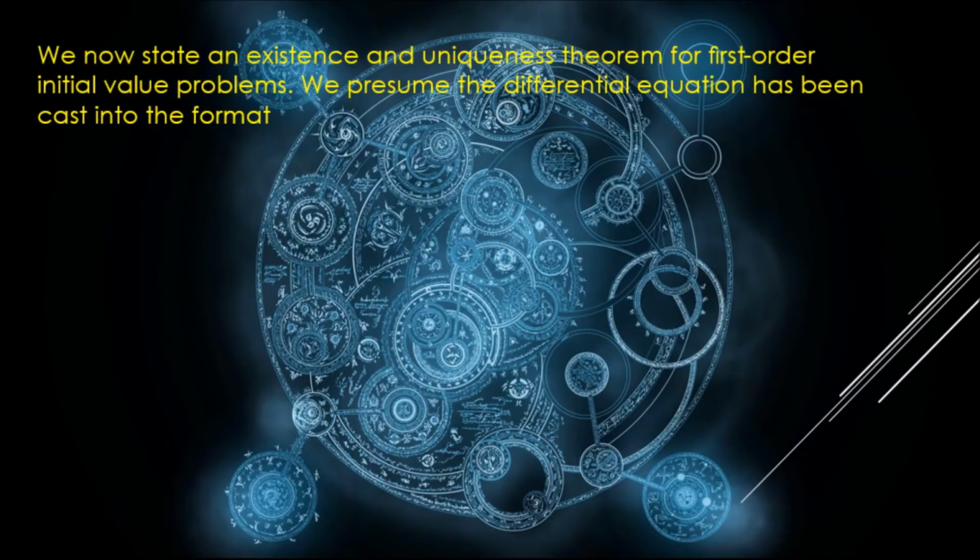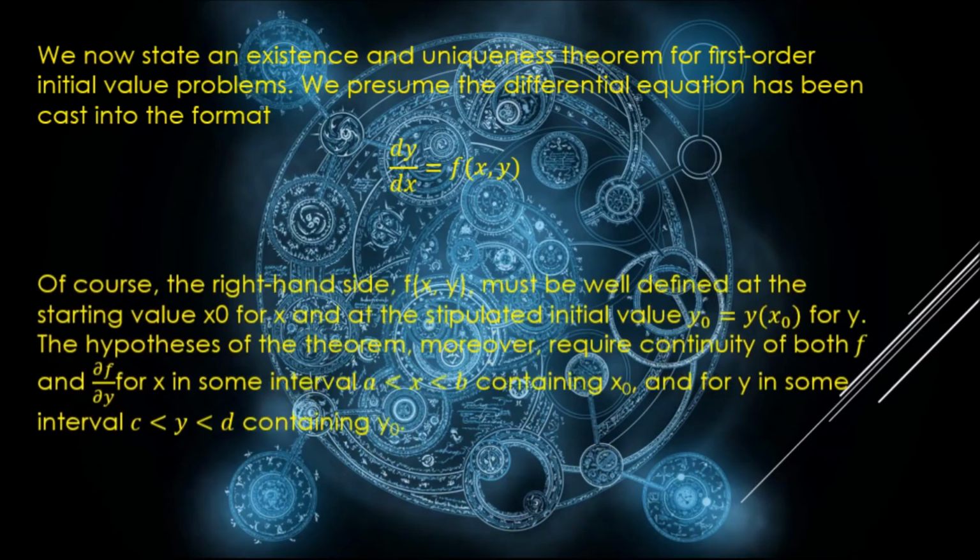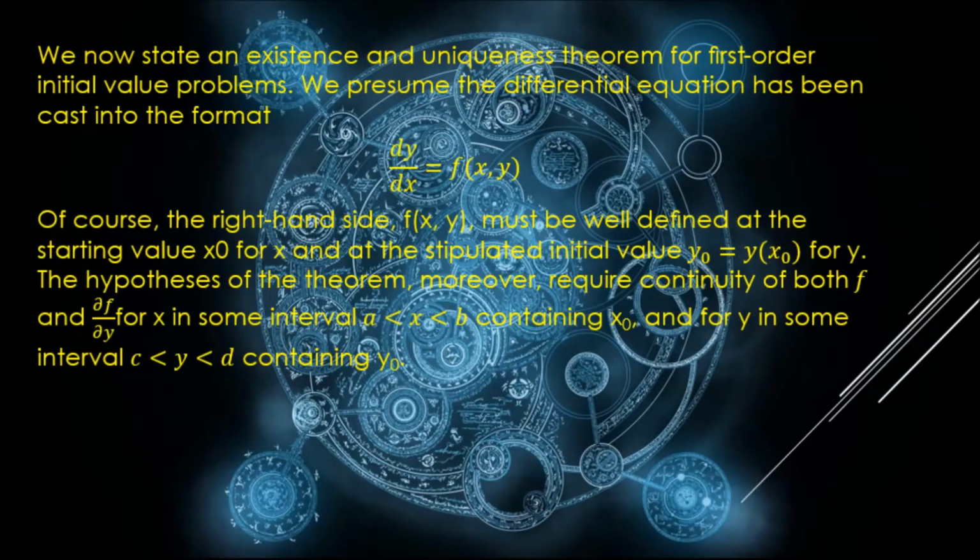We now state an existence and uniqueness theorem for first-order initial value problems. We presume that the differential equation has been cast into the format dy over dx is equals to the function of x and y. Of course, the right-hand side, f of x and y, must be well defined at the starting value x of 0 for x and at the stipulated initial value y of 0, that is, y of x of 0 for y.